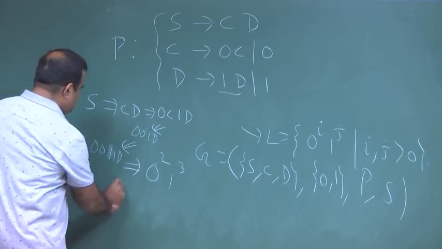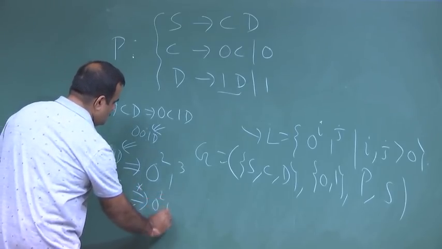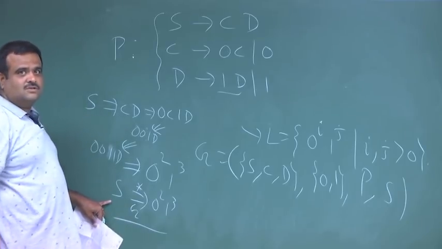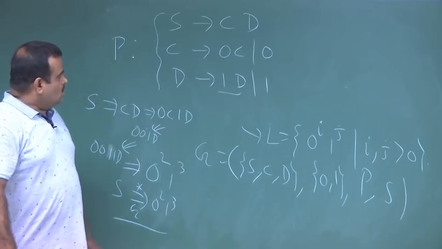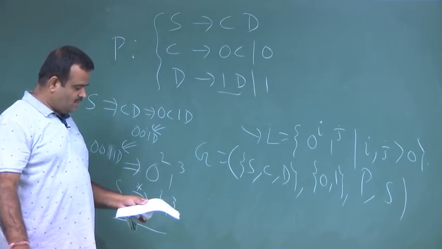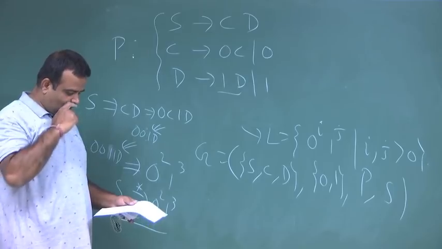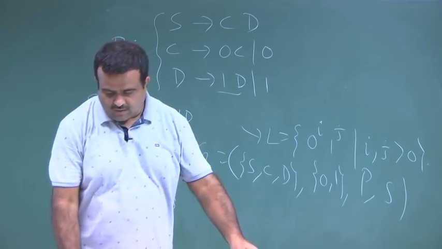So, this is a reachable form, which can be derived from this S. This is a sentential form. Any form of 0 to the power i and 1 to the power j will be the corresponding language.